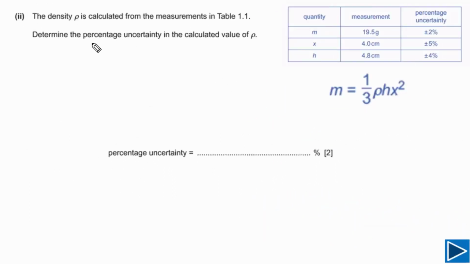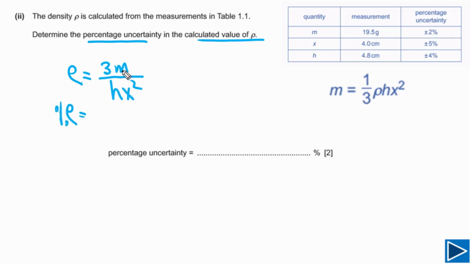For part B2, we need to calculate the percentage uncertainty in the calculated value of rho. In order to calculate the percentage uncertainty in rho, we need to rearrange first of all. If we rearrange this, we can write rho is equal to 3m divided by hx square. Now if we look at the quantities on the right side, we can see these quantities are multiplied and divided. So in order to calculate the percentage uncertainty in rho, we need to add the percentage uncertainties in the quantities on the right side. 3 is a number, so it has no uncertainty.